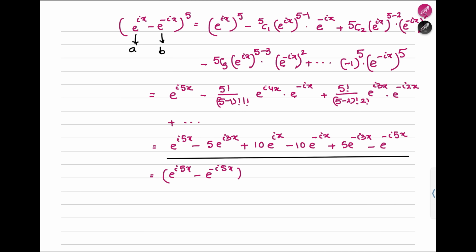This is 1. Minus 5 into e to the power of i 3x minus e to the power of minus i 3x. We are only just rearranging the values, plus 10 into e to the power of ix minus e to the power of minus ix.